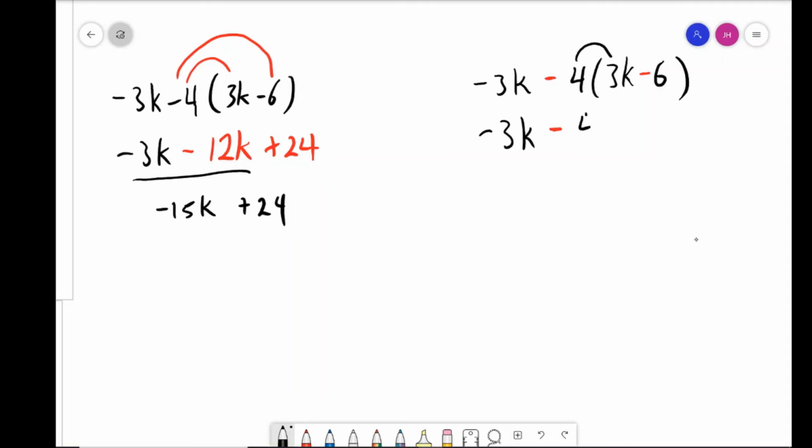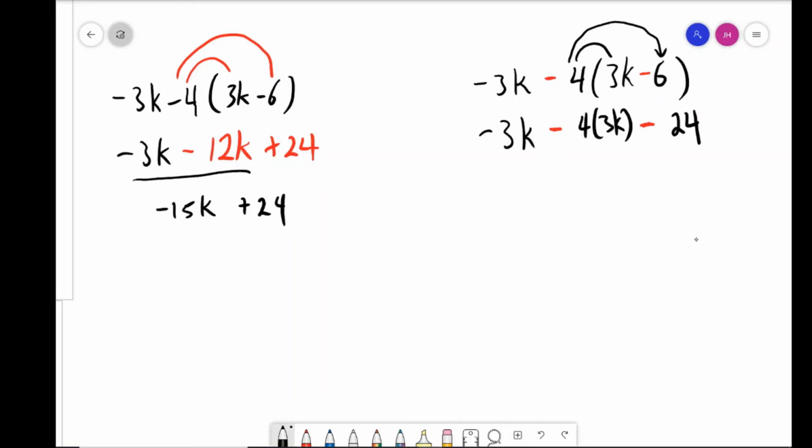So 4 times 3k. What's next? Next, I see another subtraction. Just be consistent with the operations. Then I will apply the same over here, which then will become a 24.